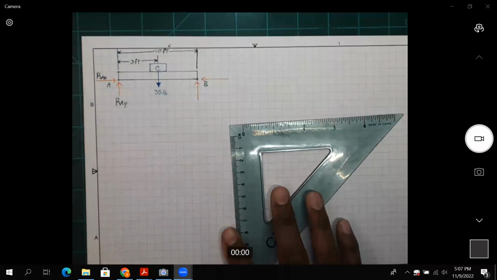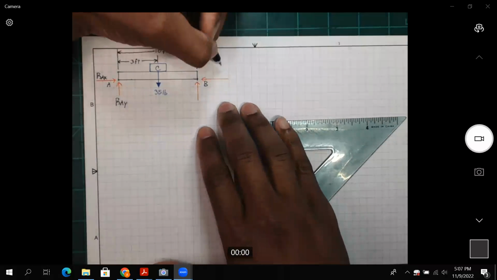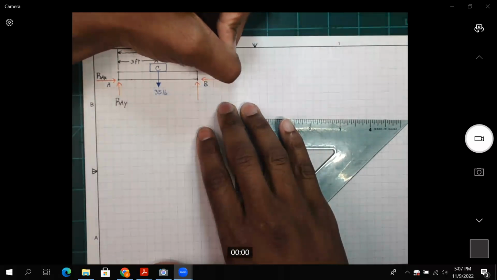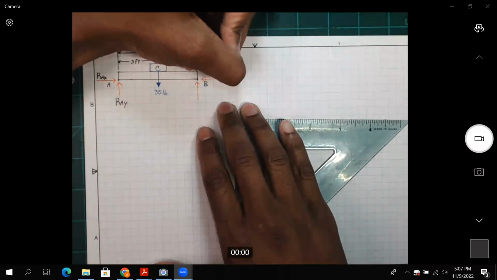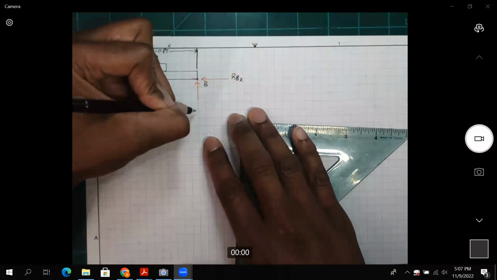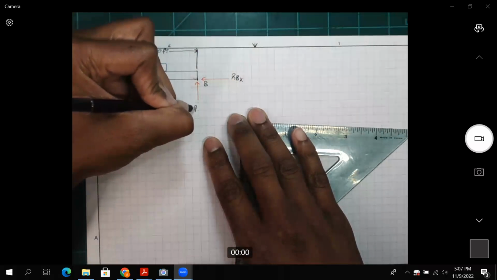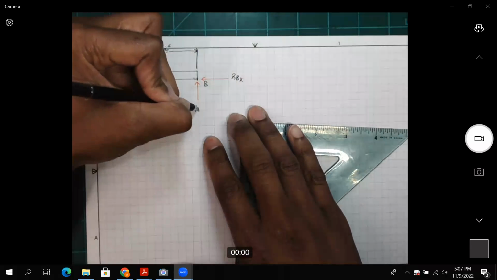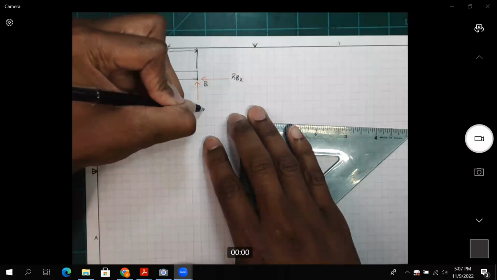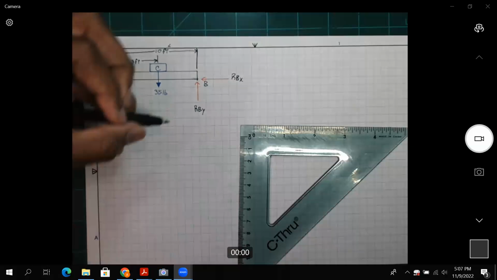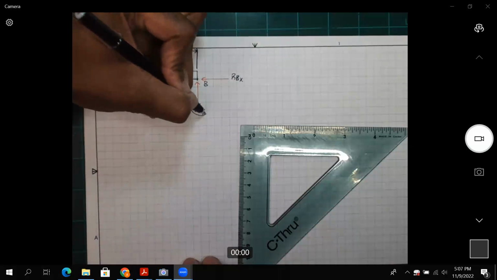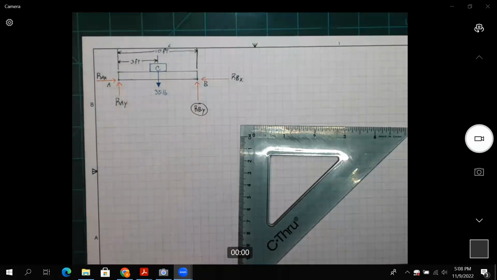Just like with joint A, we're going to name the reaction forces at joint B: R_BX in the X direction and R_BY in the Y direction. We're going to solve for R_BY. Why not R_BX? Because you're about to see the X reaction forces are going to cancel out.